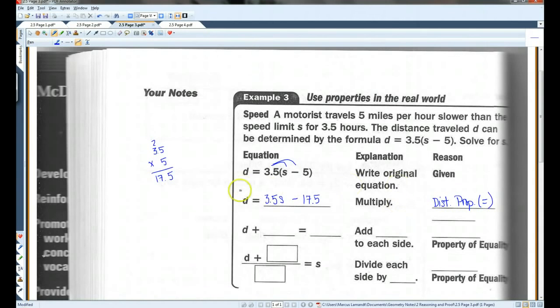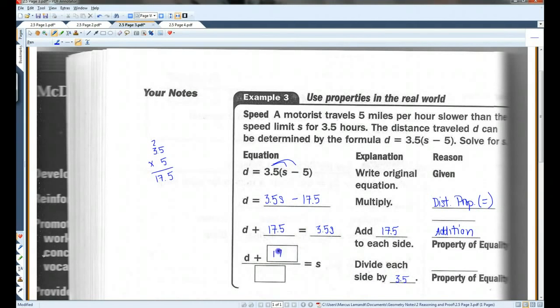Okay. I'm going to add 17.5 to both sides. So now I have d plus 17.5 equals 3.5s. This is the addition property of equality. Now to get s all by itself, I have to divide both sides by 3.5.